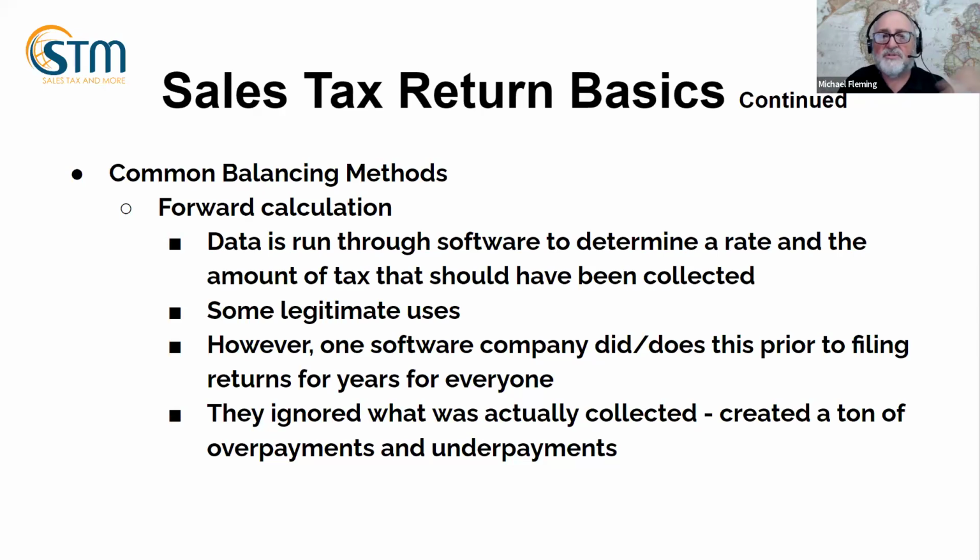$7,000. This was in the state of California, more than I actually collected. I mean, who wants to pay more tax than you've actually collected? And who is to say that TaxJar was actually right? I mean, they were overriding Vertex. So you've got to know what method your provider is using to balance.